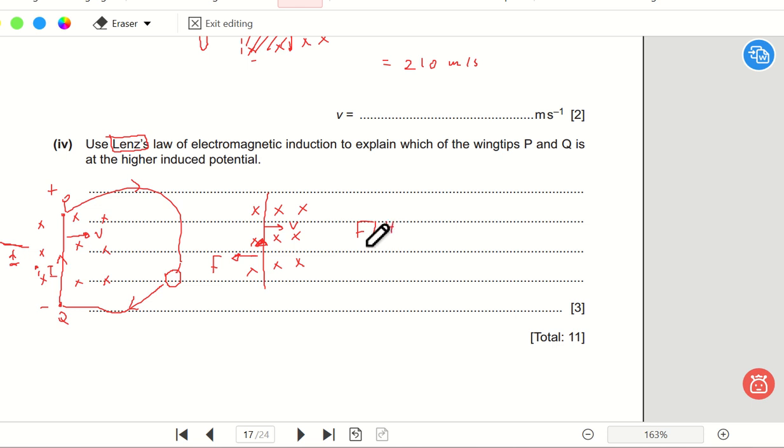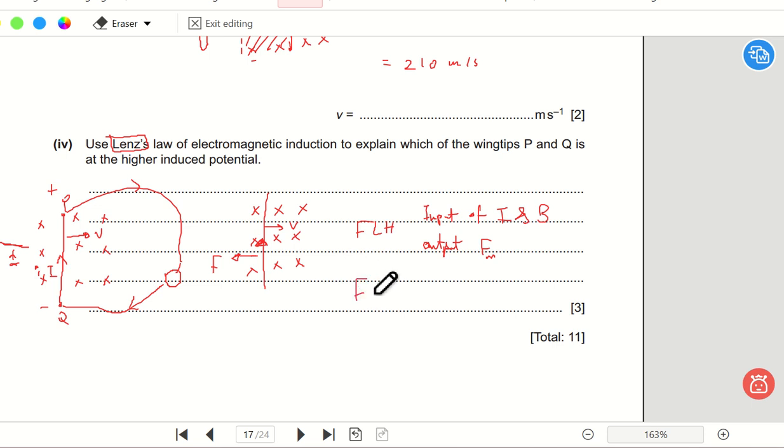Because the output is the force. We agreed together before that Fleming's left hand has the input of current and field, and the output would be the force, the magnetic force acting on the wire.